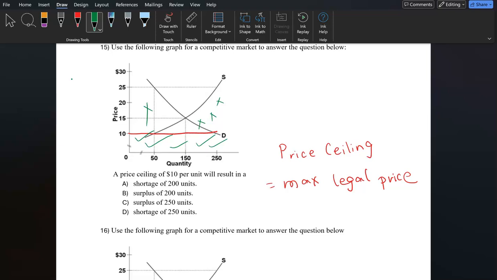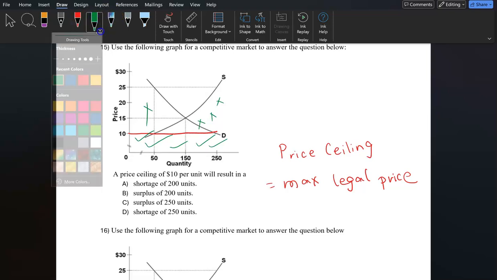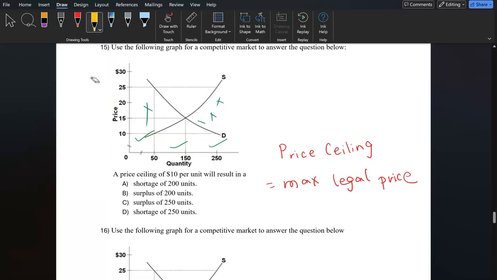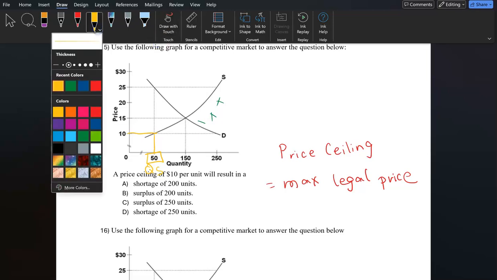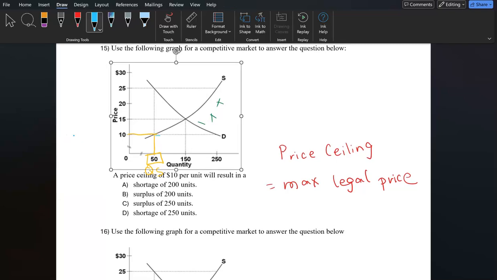This results in what? You see, I'm going to draw a line here. $10 is hitting the supply curve at 50. That's the quantity supplied. Now it is hitting the demand curve at 250.